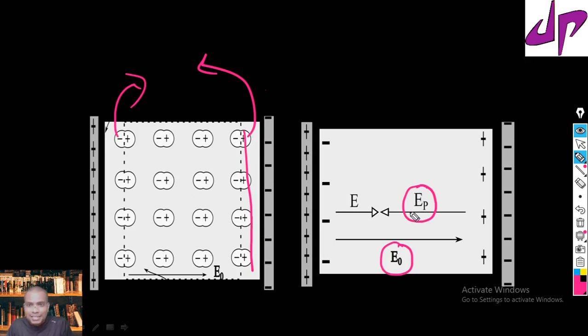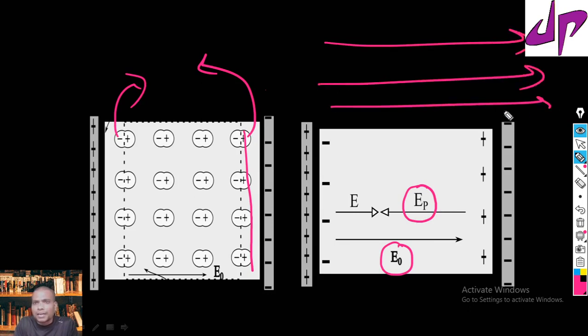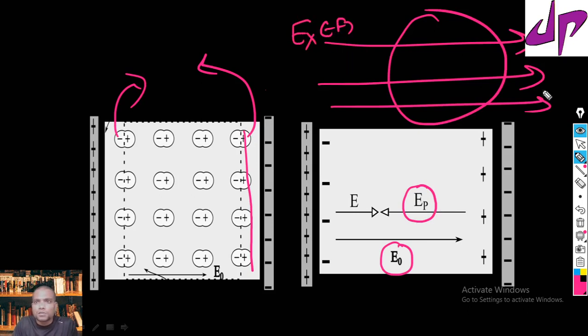Now this electric field is not exactly equal here. If you remember, if you take conductors, a conducting sphere is presented in an external electric field. Within the conductor, an electric field also develops, exactly the same in the opposite direction.